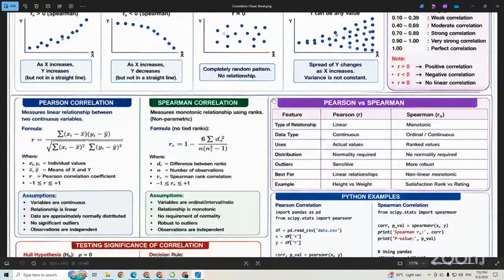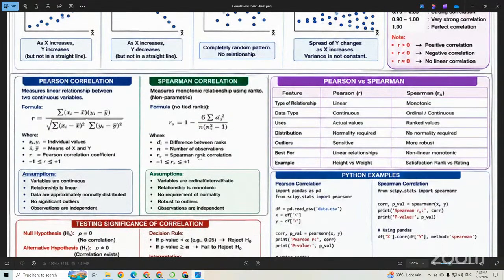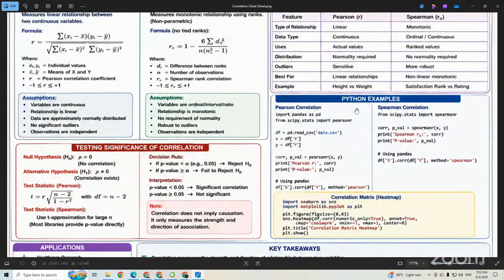Also, in both cases, whether you are using Pearson or Spearman, the value always lies between -1 and 1. You can also go through the details about this method, along with Python examples of how you can apply it. Examples of Python are also demonstrated at the place.